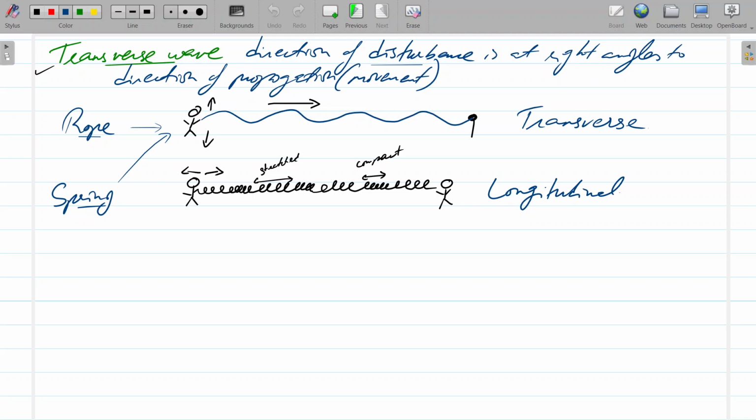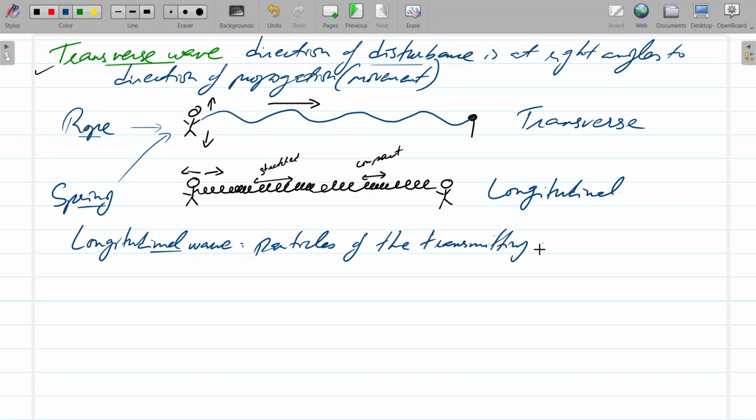So I was mentioning the longitudinal wave. A longitudinal wave is one where the particles of the transmitting medium vibrate back and forth, just like I pointed out over here. That's the movement that you would expect.